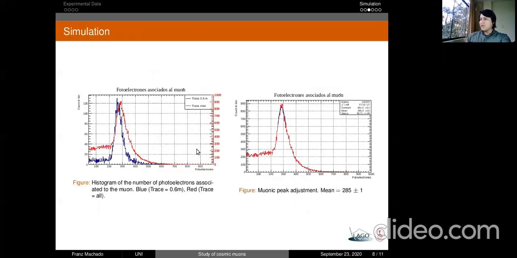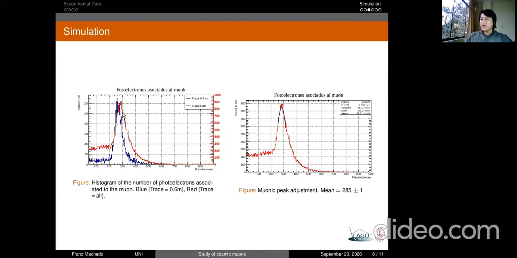In the next slide, we can see that vertical muons, that blue histogram, dominate the number of photoelectrons associated with the muon. For example, the red histogram is the number of photoelectrons associated with all muons, while the blue histogram is only associated with vertical muons.